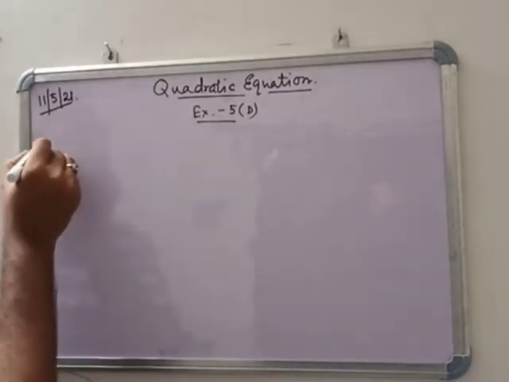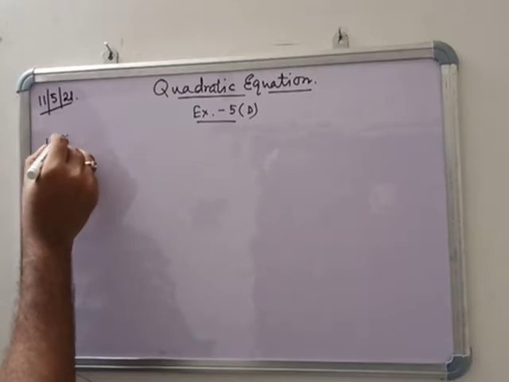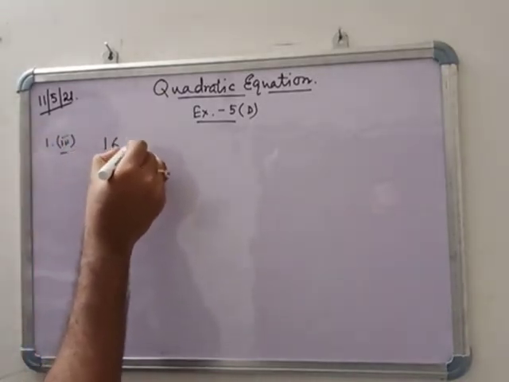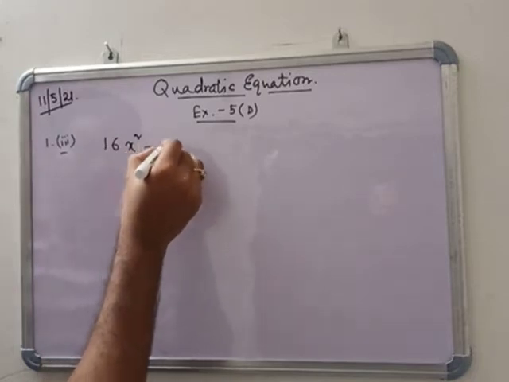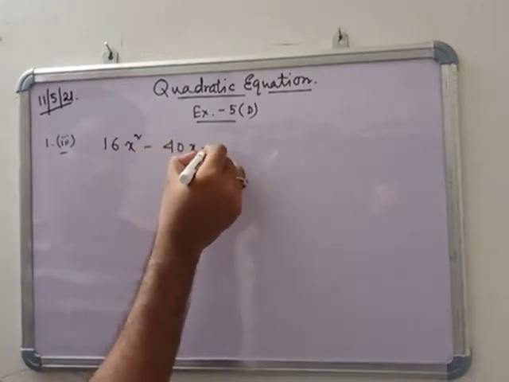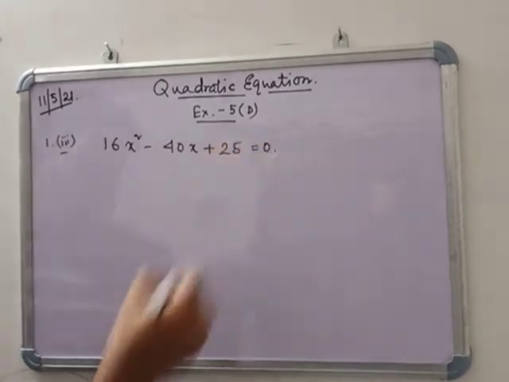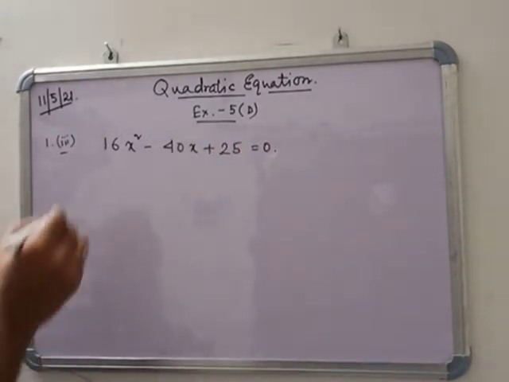Now in 1a3, see that 16x square minus 40x plus 25 equals 0.